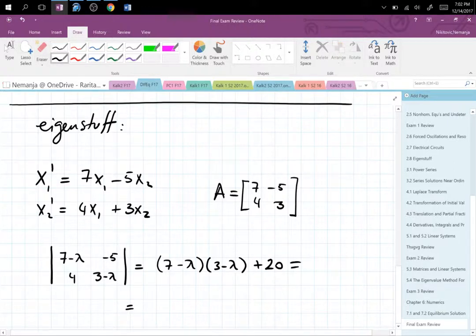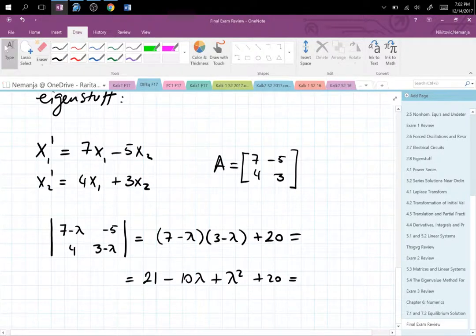So this is further equal to 21 minus 10 lambda plus lambda squared plus 20, which is further equal to lambda squared minus 10 lambda plus 41, right?